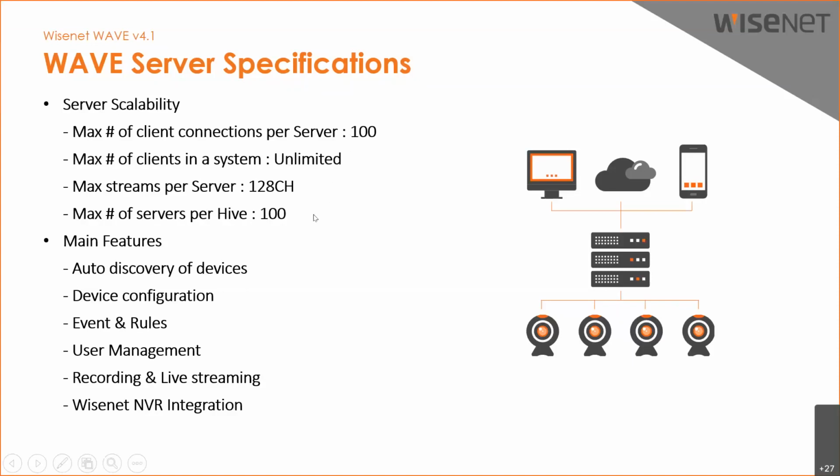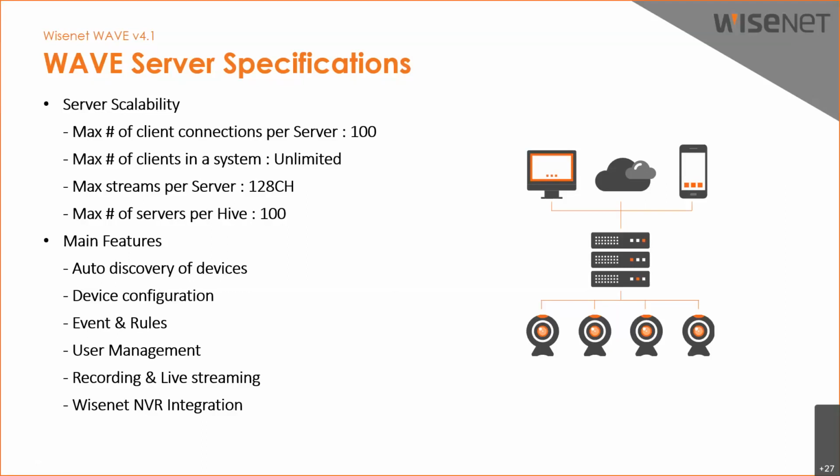The main features of Wave: we have many functions, and one of the benefits of Wave is that it is very simple, very flexible, and easy to operate and configure. We support auto discovery of devices, which means if you install Wave on the server and connect the Wave server to the network, the server will automatically discover every device on the network.